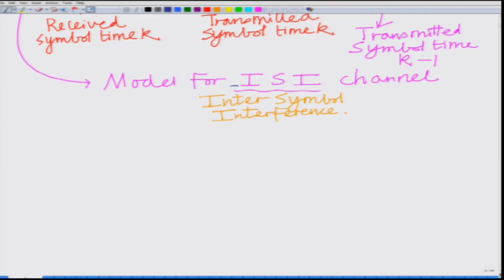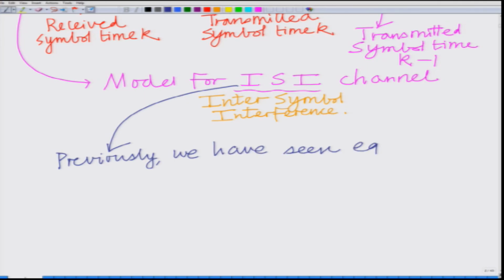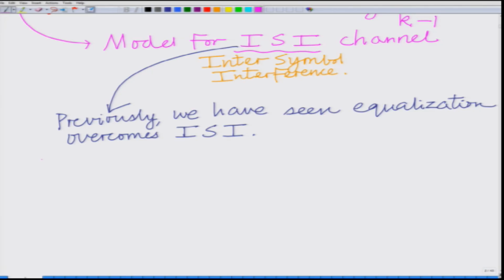Previously we have seen equalization overcomes ISI, and OFDM is another technology to overcome ISI even more efficiently, meaning lower computational complexity, so that it is easier to implement. OFDM has many advantages.